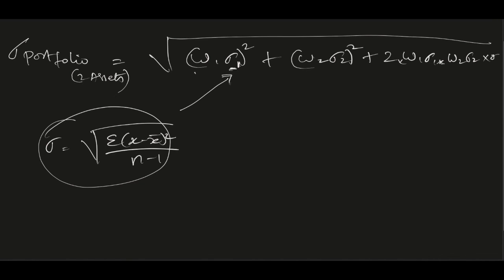Let's say here I'm allocating 40% weight. So weight is 40% into that standard deviation and then whole square. Okay, plus the second one. So here it will be remaining 60% weight, and then this standard deviation. Okay, so ideally the formula should end over here, but however, if you see, the formula gets extended here.